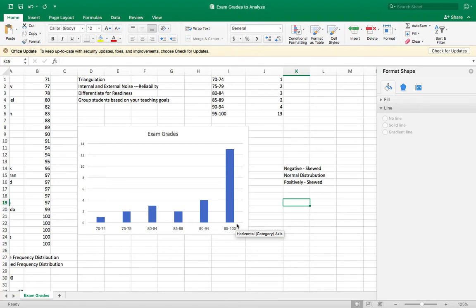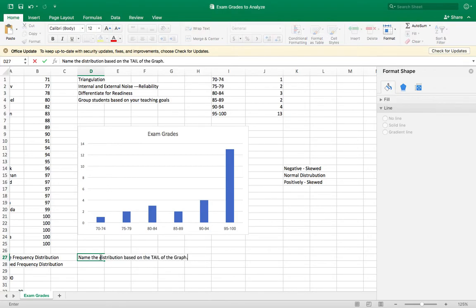When we think about a distribution, we always name the distribution based on the tail of the graph. In other words, the tail tells the tail. I told you guys that if you were in my EdCo 220 class.